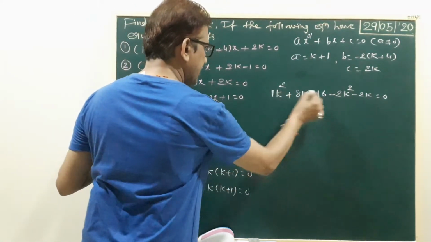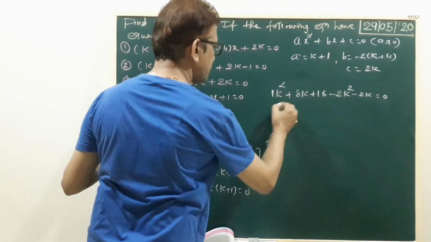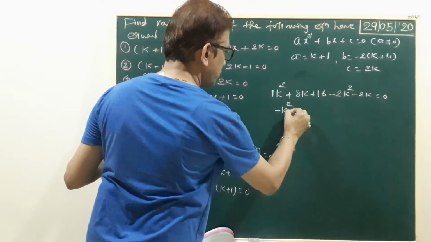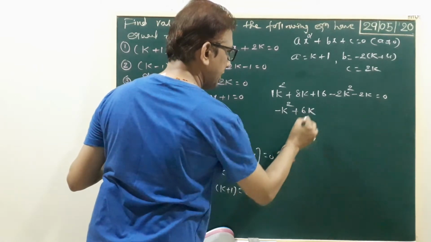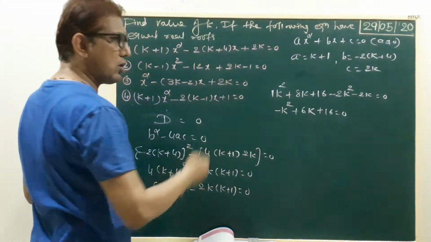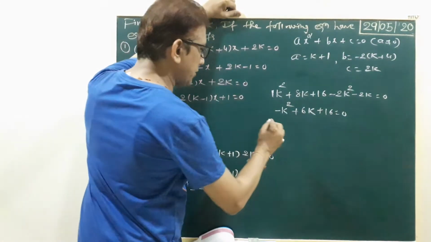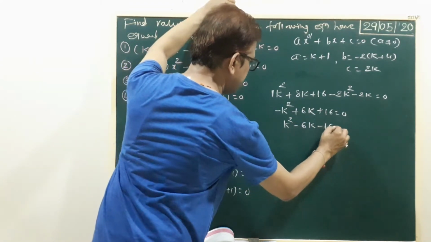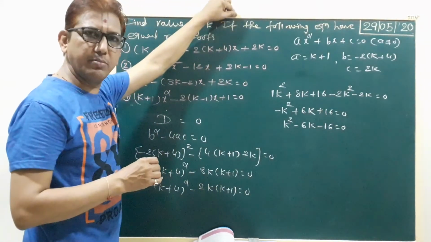Here 1k square minus 2k square is minus k square, and 8 minus 2 is plus 6k, then plus 16 as it is. Now the minus sign is common, so the first term is also positive: k square minus 6k minus 16 equals 0.